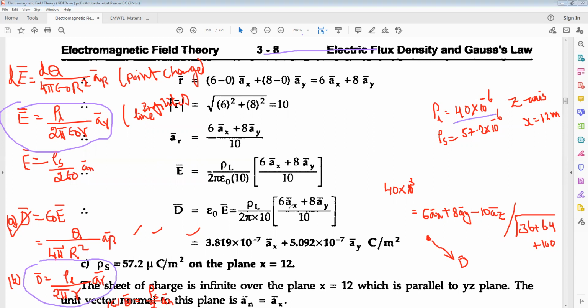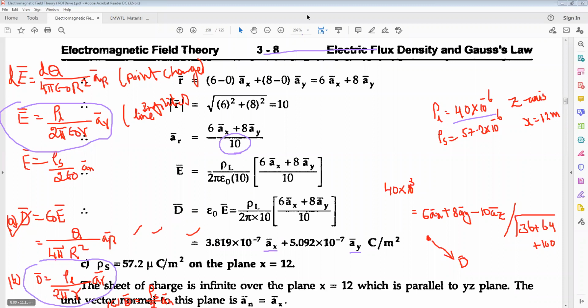Per meter and 2 pi into 10. 10 is the R here. Okay, 10 is the R. In the denominator, whatever we have, it is the magnitude R. The D bar is equal to 3.81 into 10 to the power of minus 7 as the AX bar coefficient and AY bar coefficient.